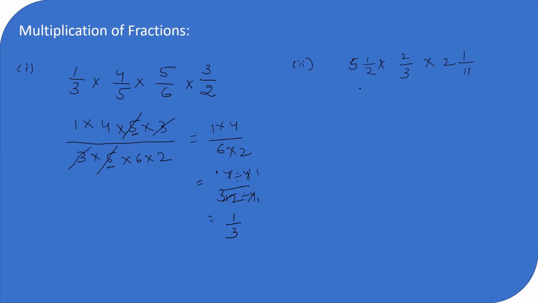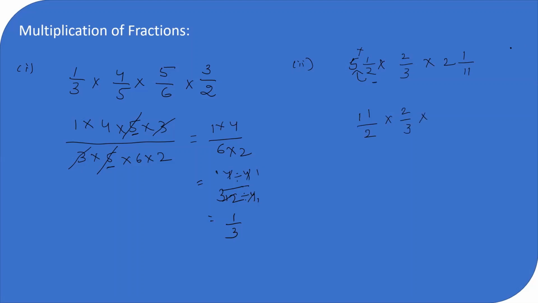To multiply mixed fractions, you have to convert the mixed fractions into improper fractions. So how to convert into an improper fraction? First we have to multiply these two. 2 5s are 10. Plus we have to add the numerator 1, so 11 by 2. We write the same denominator, into 2 by 3.